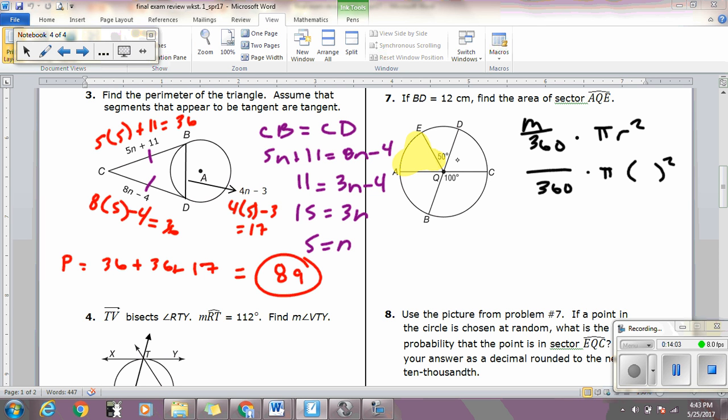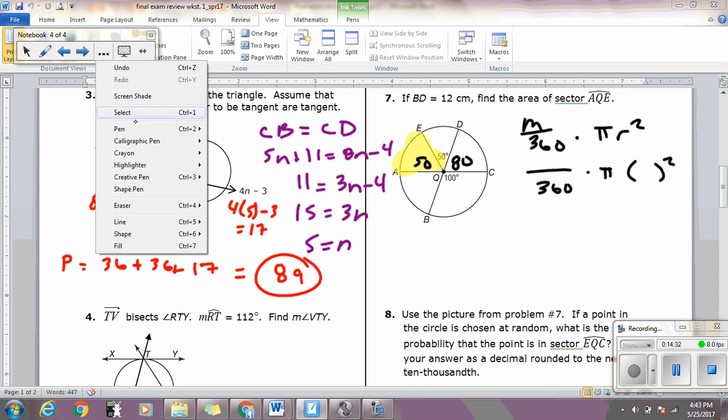So that means this angle up here has to be 80. And then 80 plus 50 plus whatever is in yellow has to equal 180 as well. So this one would have to be 50 because 50 plus 50 is 100, 100 plus 80, 180. So the measure of arc AE is going to be 50 as well.